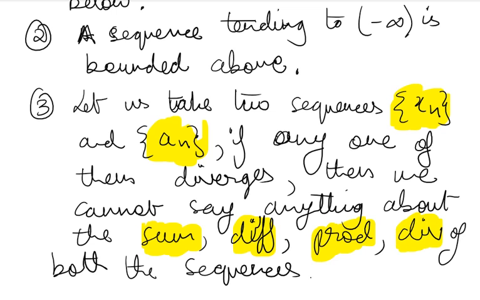You don't know. So in other words, you cannot say whether the sum of these two sequences will diverge or converge if any one of them is a divergent sequence. Nothing can be told about the sum, difference, product and division of these two sequences. Now if I show you some examples, then you'll understand what I'm trying to say.